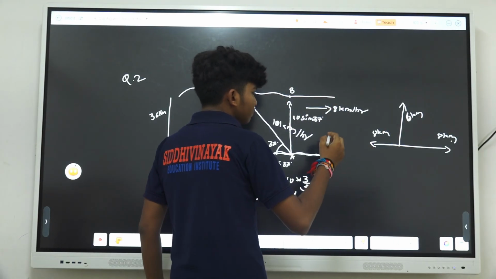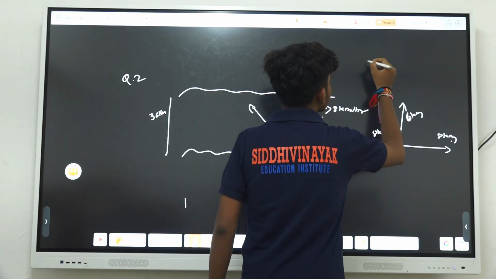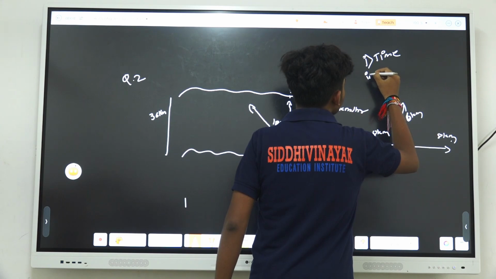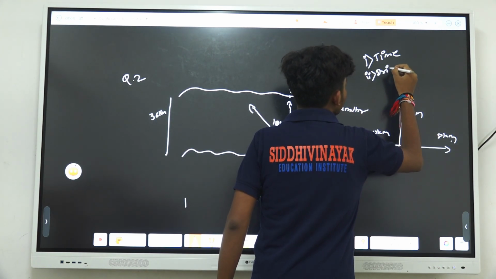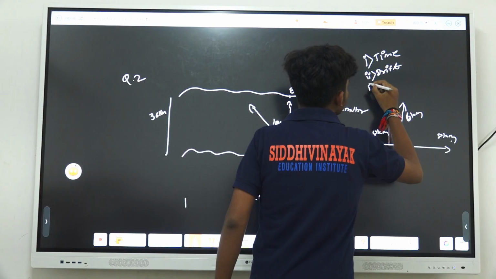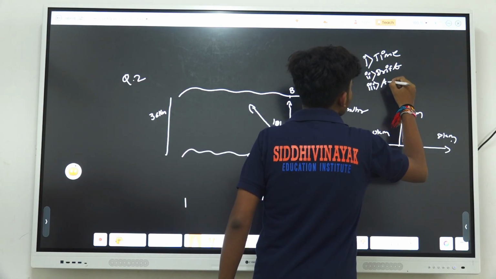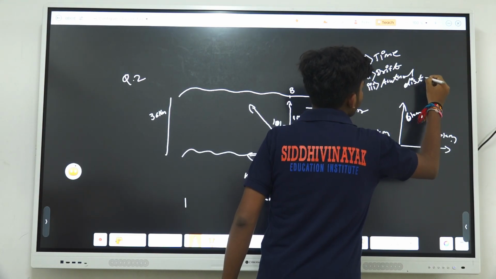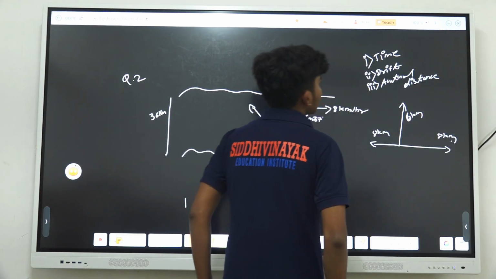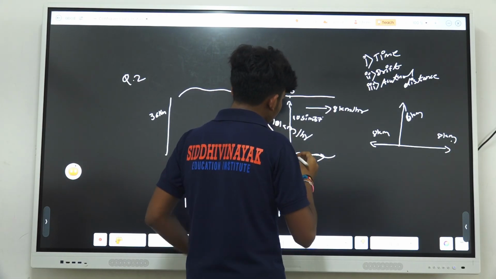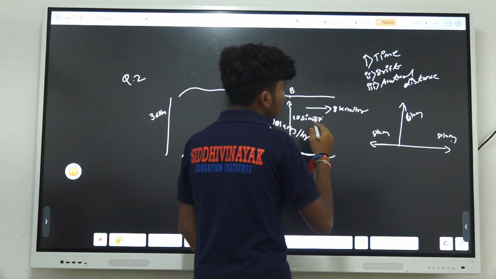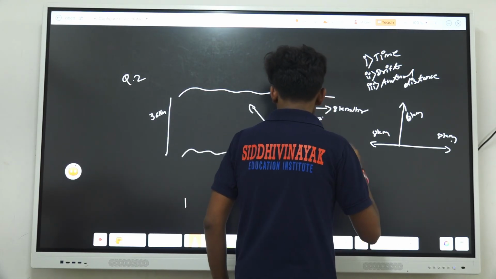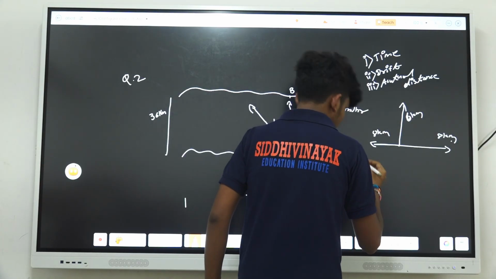So here let's find the time, the drift, and third, the actual distance. The time taken by the person: the width of the river is 36 kilometers and the velocity of the person upwards is 6 kilometers per hour.